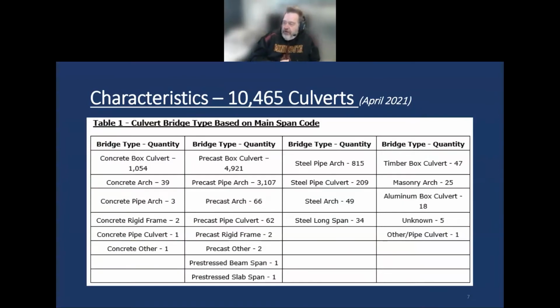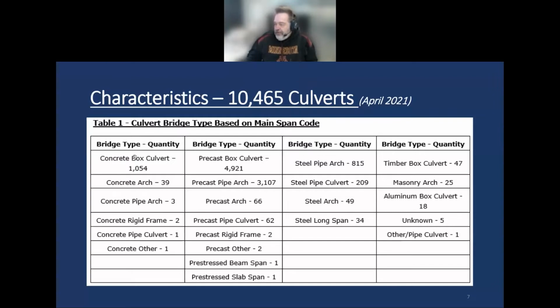So stepping into the characteristics of the culverts on the local system in Minnesota, there's a lot of them. There's 10,465 as of last April when we got the spreadsheet from Moises. And so Table 1 is inside the guidance document, and it gives you a breakdown of the different types of bridge structures that are classified as culverts.